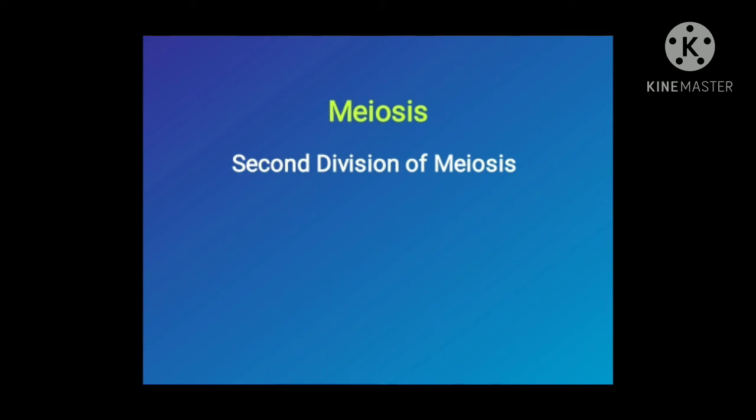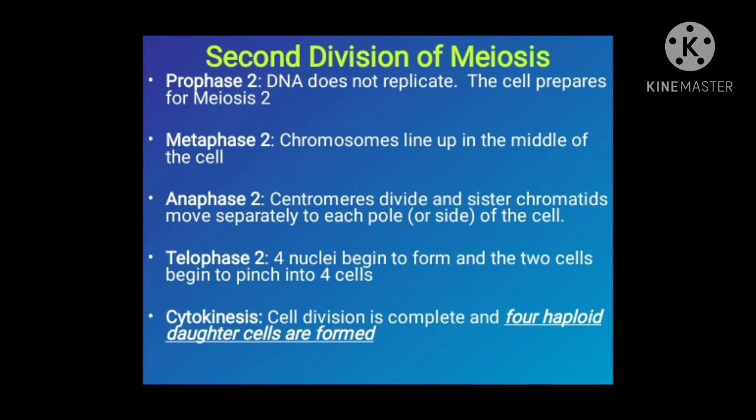Number 2 is the second division of meiosis. In the prophase 2, the DNA does not replicate. The cell prepares for meiosis 2.